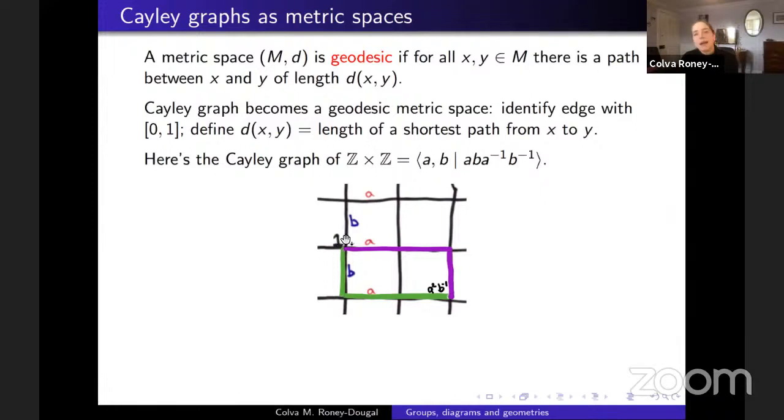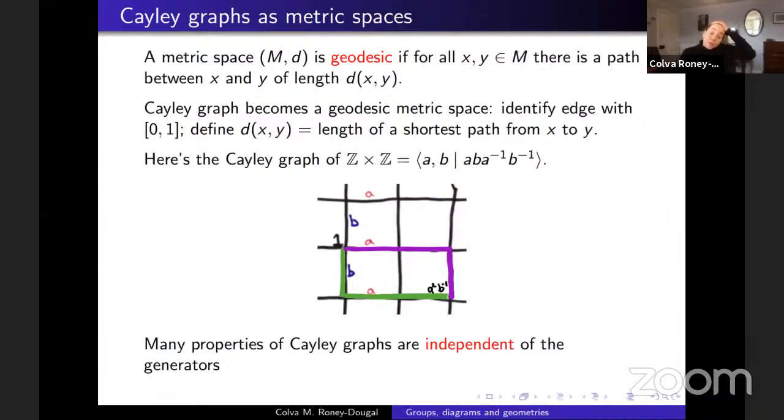Go down the one way, and then 2 a's out the way, and then come down by 1. Or I could have done the path through the middle, which I didn't draw in, which would also have length 3. So here's a bunch of geodesics. They're paths of length 3 for getting to something that is length 3 from 1. If I were to go all around a bunch of other vertices, that would not be a geodesic.